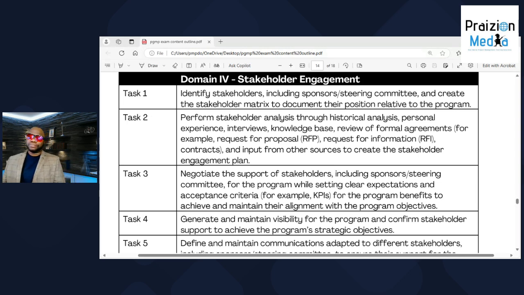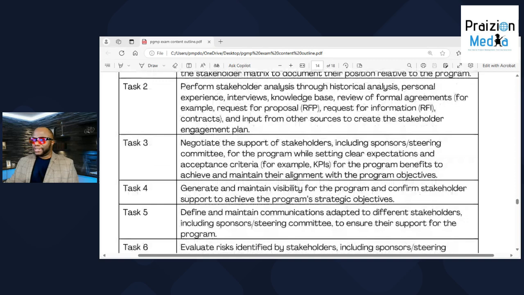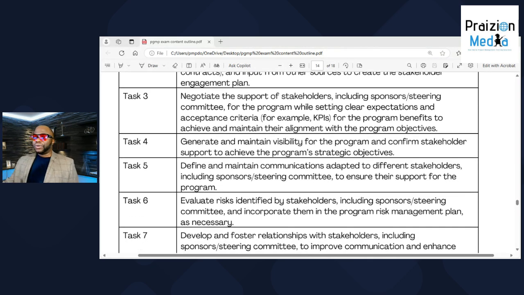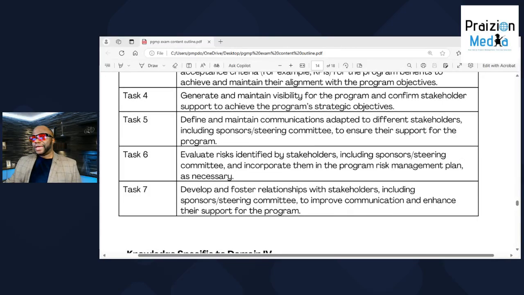So negotiate the support of stakeholders, sponsors, steering committee, and so on. Set clear expectations and acceptance criteria regarding KPIs, generate and maintain visibility for the program, and confirm stakeholder support. Number five, define and maintain communications adapted to different stakeholders, including the sponsors and the steering committee and so on. And it just makes sense.